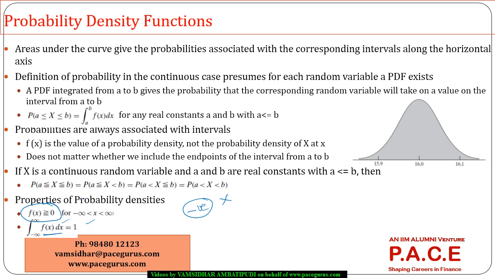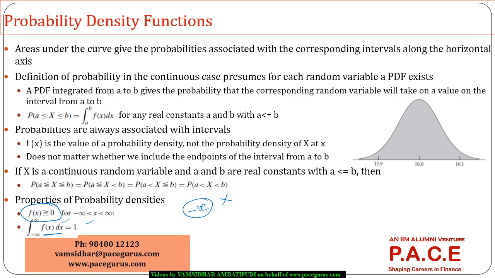This is very important. Just like in the case of discrete, when I am adding up all the possible probabilities within the entire sample space, the sum should be equal to 1. The same logic applies here, where instead of sum we use the integral, but the concept still remains the same.